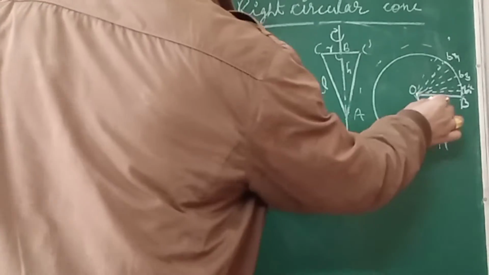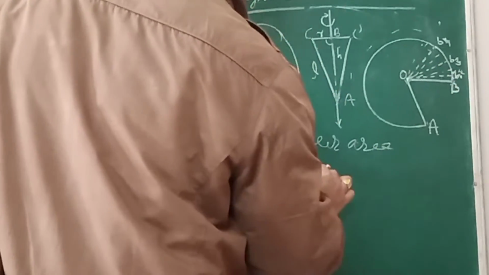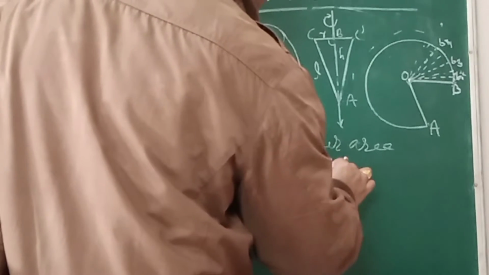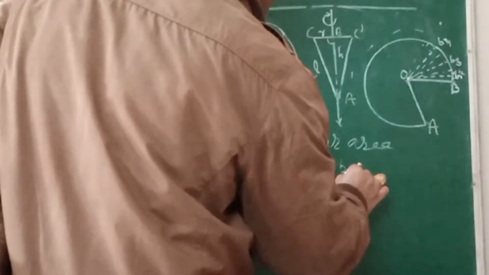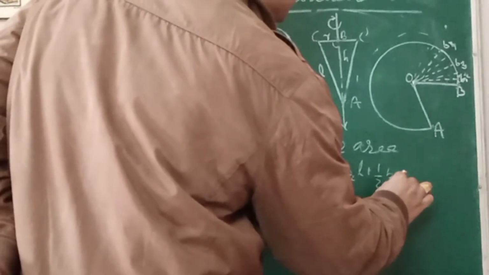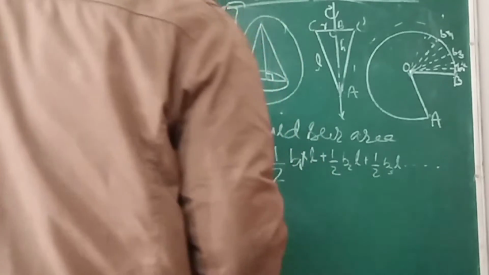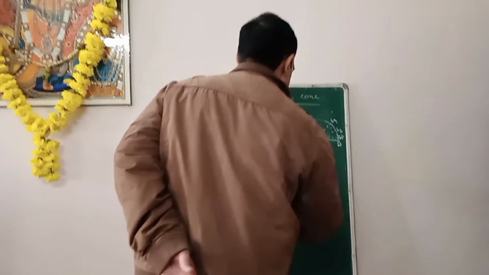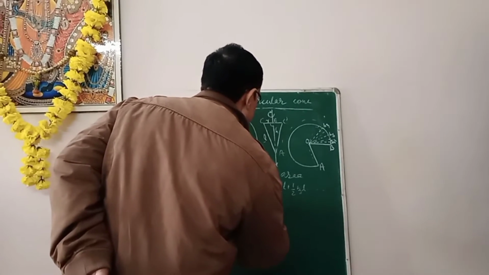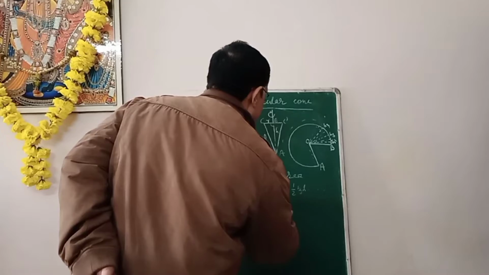So for the smaller triangle, the area is half B1 into L. Similarly, half B2 into L, half B3 into L, and it goes up to half Bn into L.